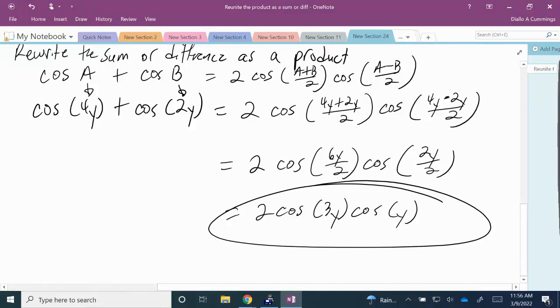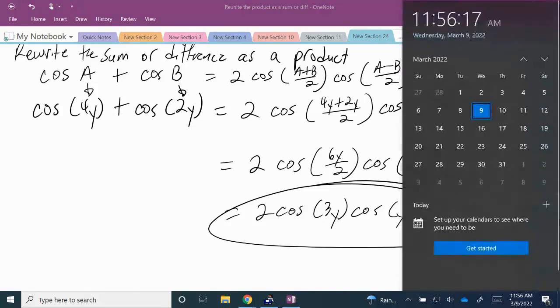Right, so pretty straightforward. Now, in some instances, you may have to use the negative number identities, right? Because you want to make sure that all of these angle measures are positive.